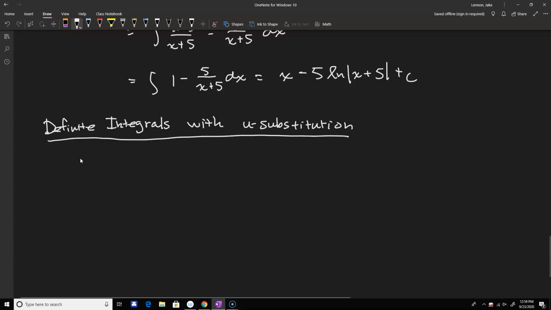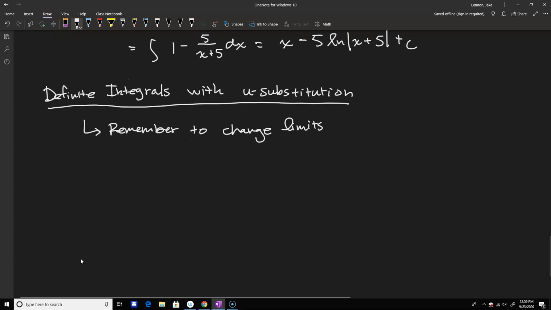The only thing we have to do here is remember to change the limits as well. And if we do that, then we'll never have to switch back from u to x. We can just compute the value, because the answer to a definite integral is not a function or an expression. It's really just a number.